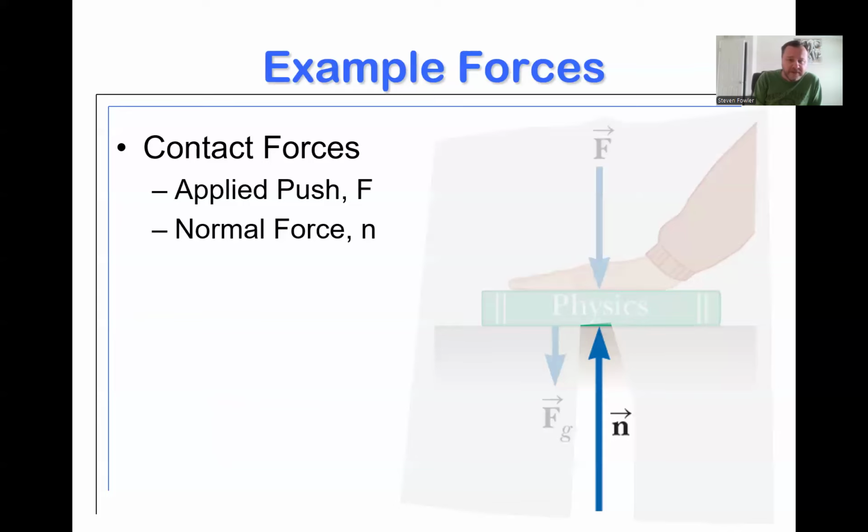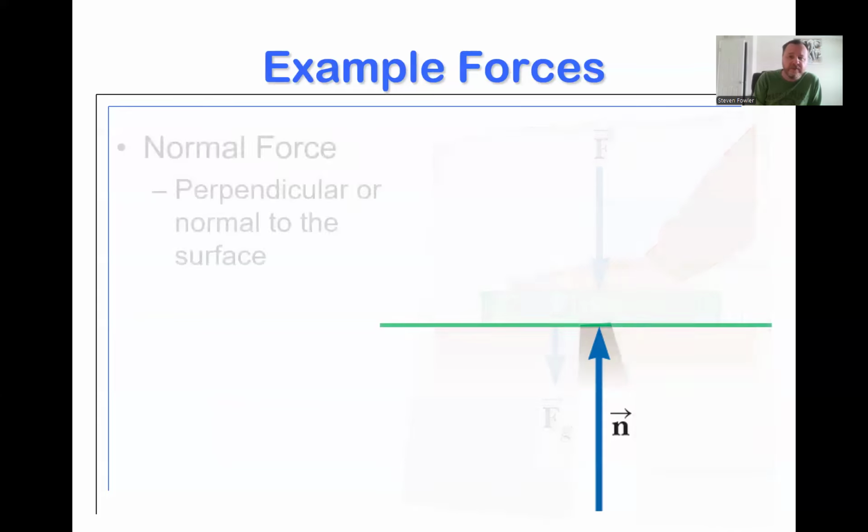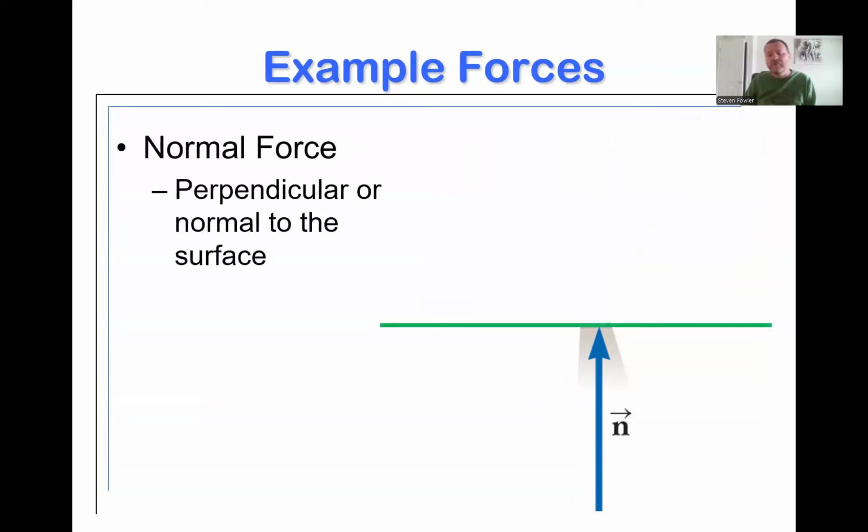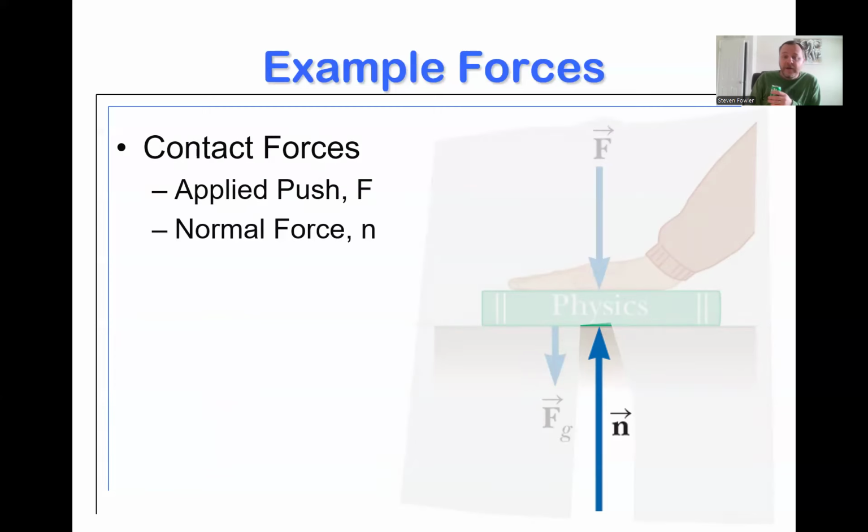But if we talk just a little bit about this normal force in more depth, that normal force is always perpendicular or normal to the surface that's applying it or causing it. So a normal force is normal to the surface. If I back up here, that normal force is not controlled by the direction of this force.